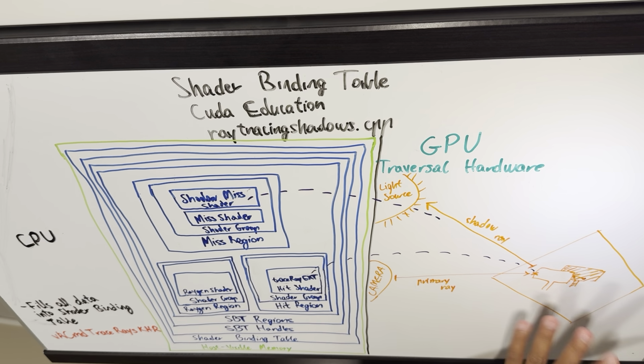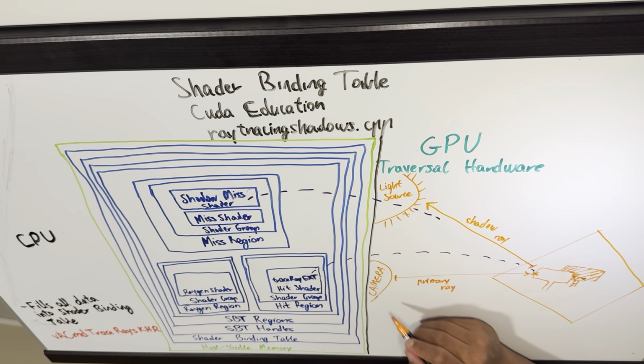Because it fails, we don't activate any shaders. We just leave it shadowed, because remember, everything by default is assumed to be shadowed, so we don't have to deal with that.